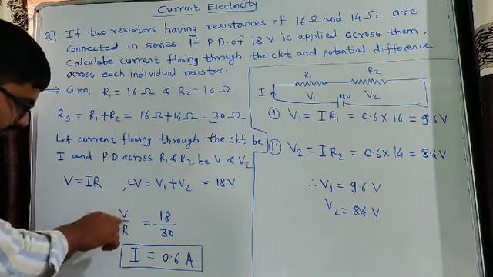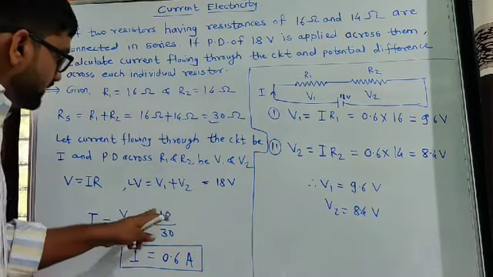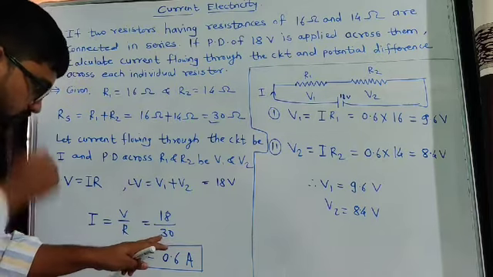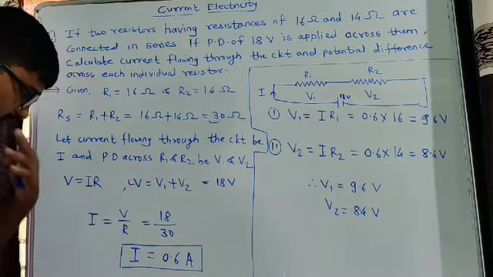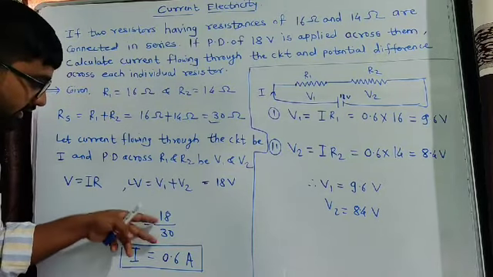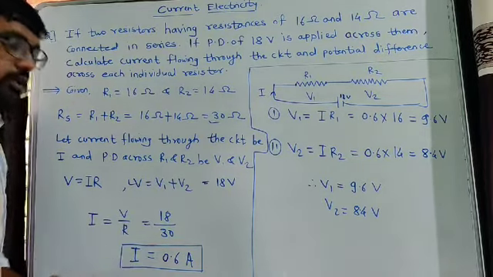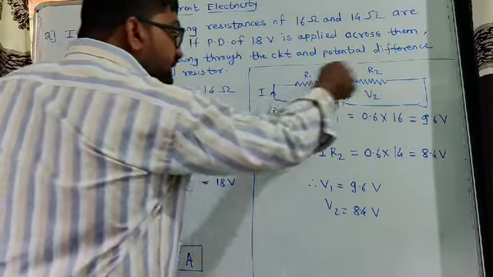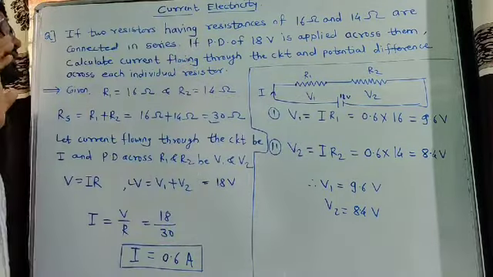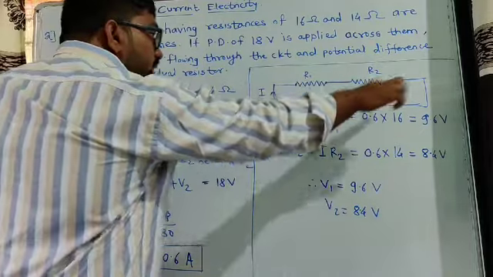We have V equal to 18 volt and R equal to 30 ohm. So 18 by 30, I will be equal to 0.6 ampere. So 0.6 ampere, that much current is flowing through this circuit.